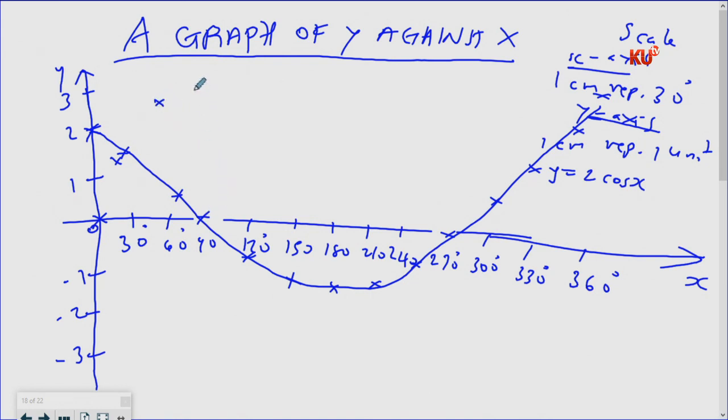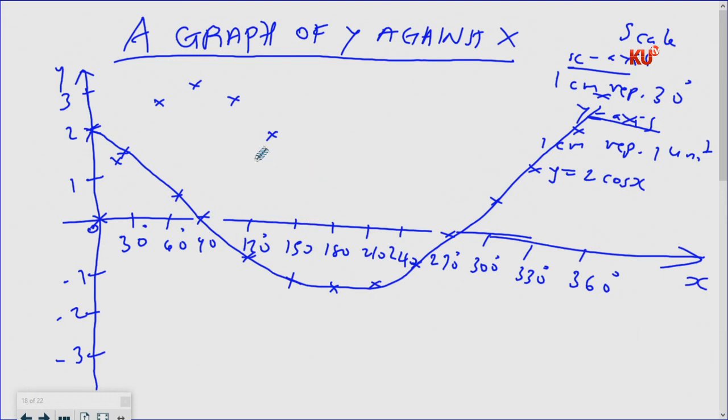90. Learner. Yes, very good. 90, we have 3. This is 120. Yes, 120. 2.6 should be somewhere there. 150. 1.5. That was 150.